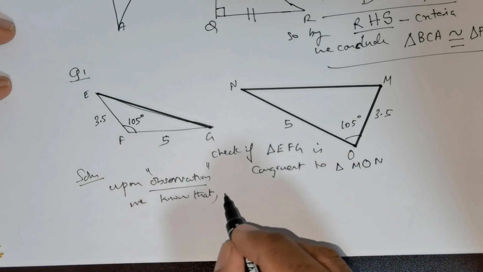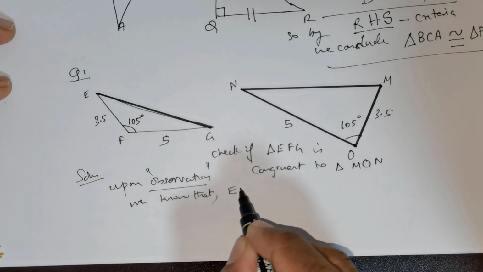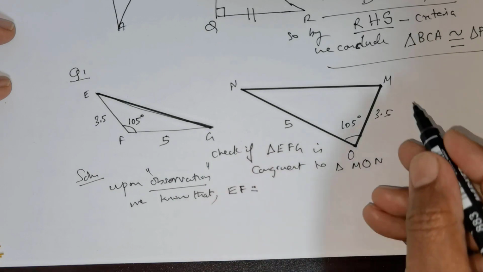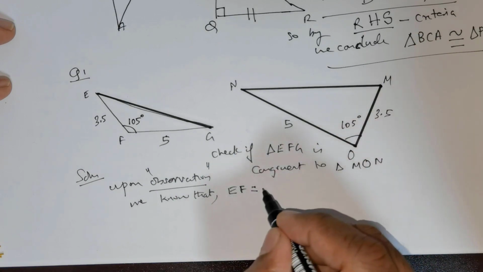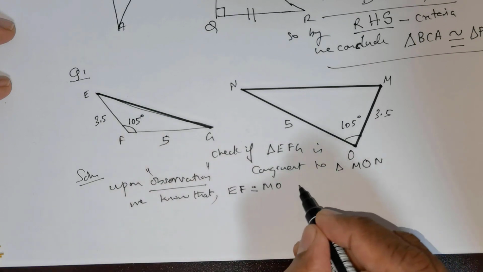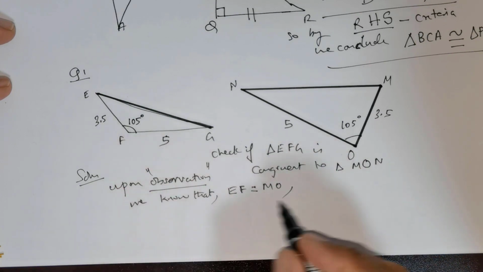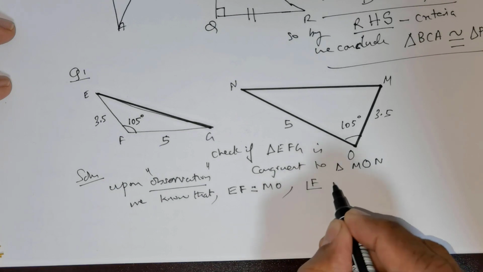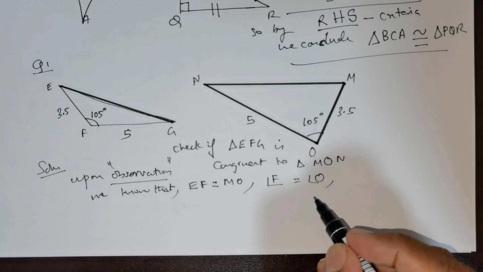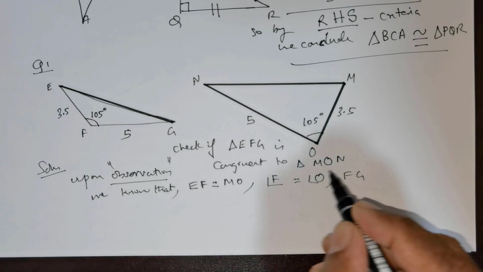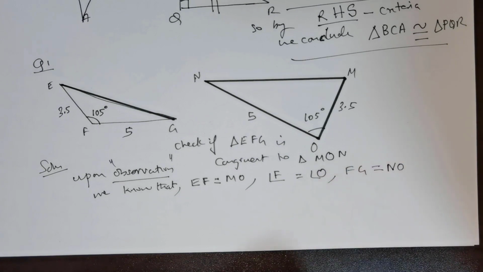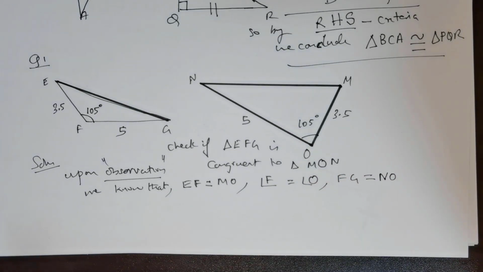So clearly we see that EF 3.5 is equal to MO, you have a 3.5 here, and then, comma, what do you got here? Angle F is equal to angle O. Along with that, FG is equal to NO.